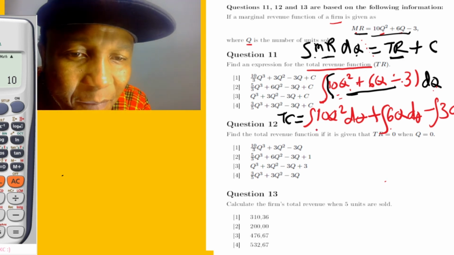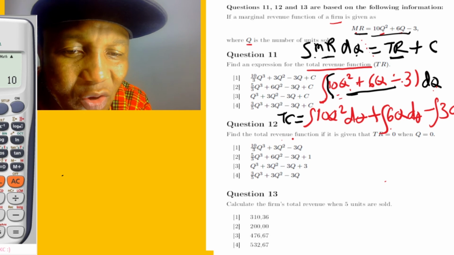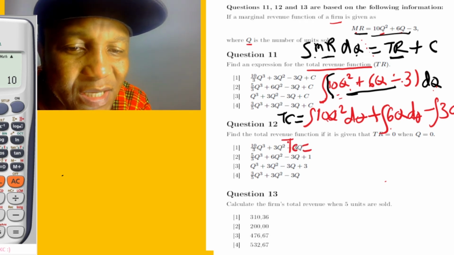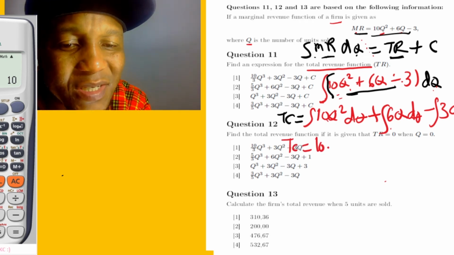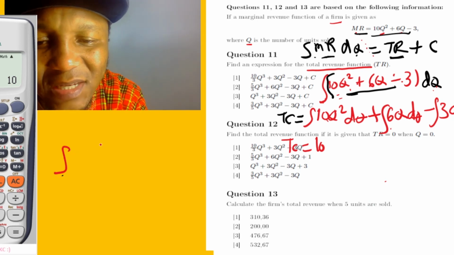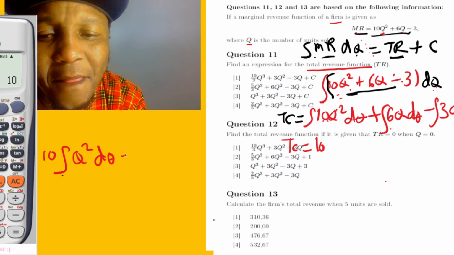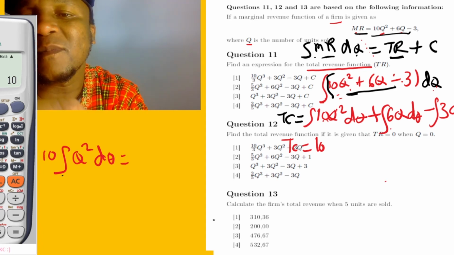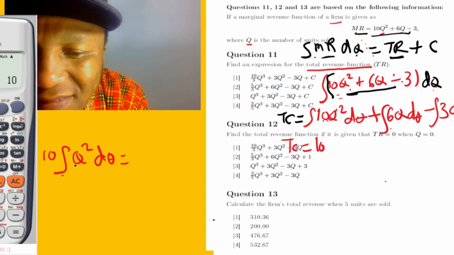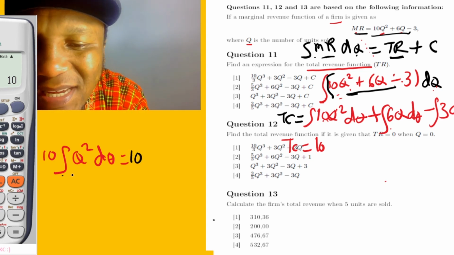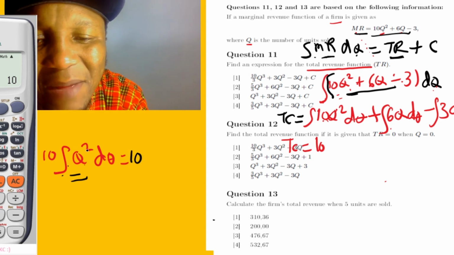So we're going to say now, we can just separate. Total cost equals 10, which is going to go behind. I can simply write here, look, integral. This 10 is a constant, so it's going to go behind. So integrate q squared dq. But look, this is the power rule. It means you integrate something with a power.